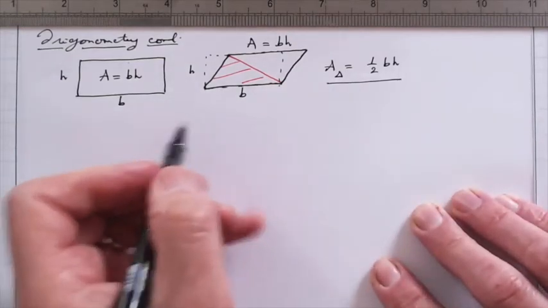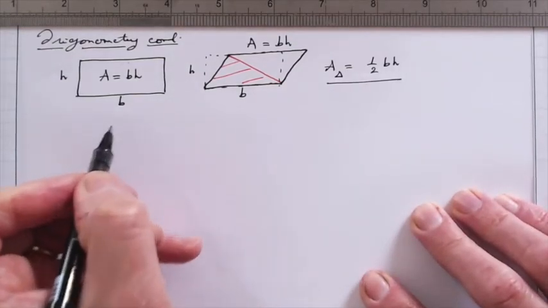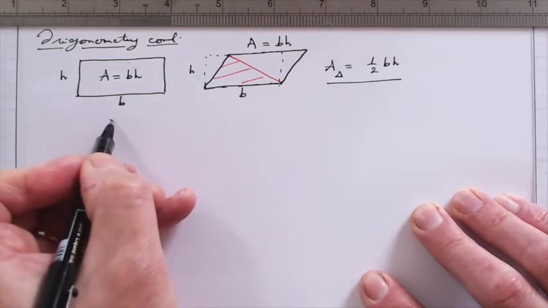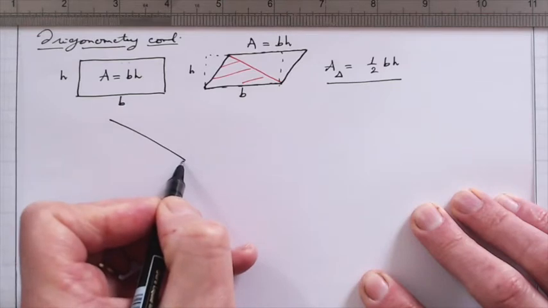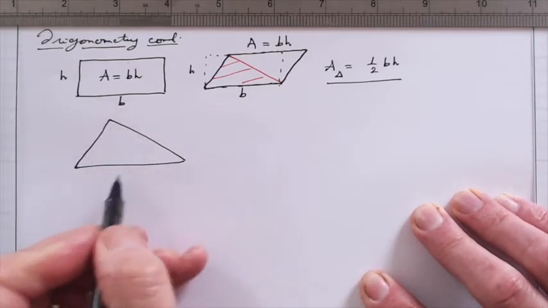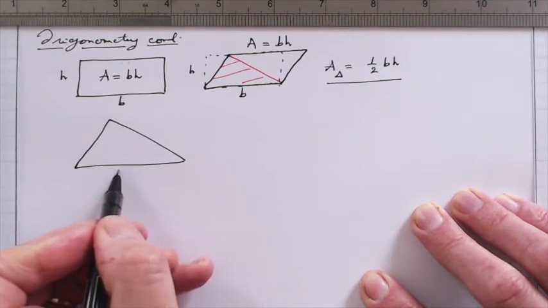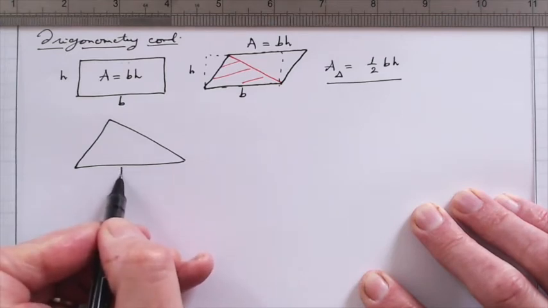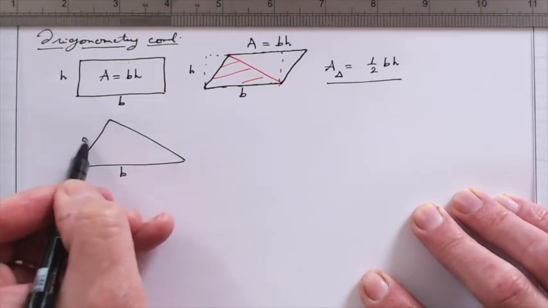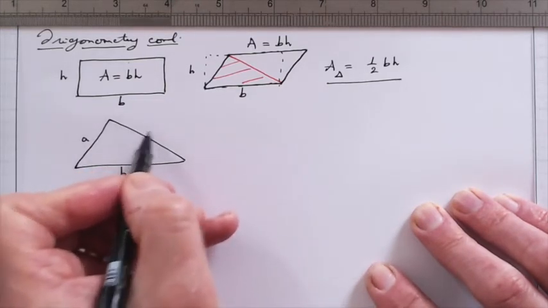Now let's imagine that we have a triangle for which we do not immediately know the height. Let me try and draw it similar to the one I've just been dealing with, but a bit bigger. Let's label it. Let's call this B here and little a and little c.